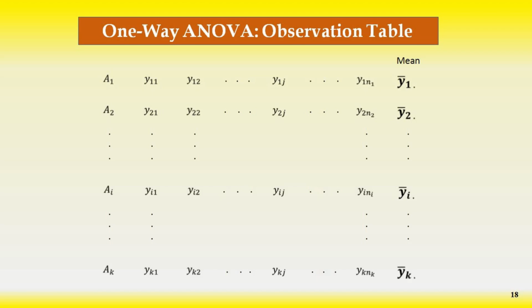Let Yij denote the jth observation in the ith class, where i goes from 1 to k and j goes from 1 to ni. So this is about the observation table of one-way classification.